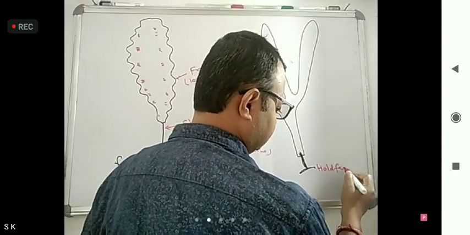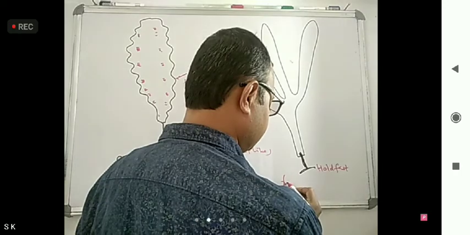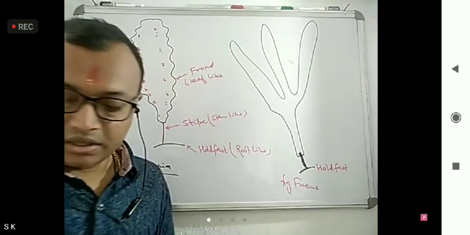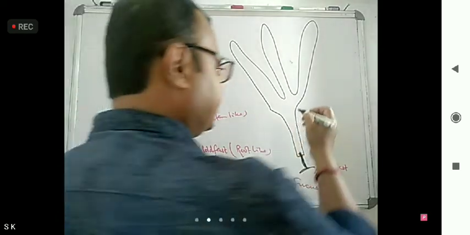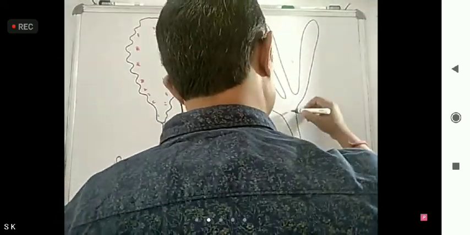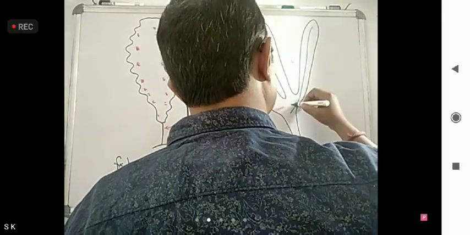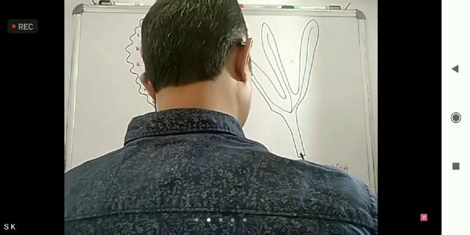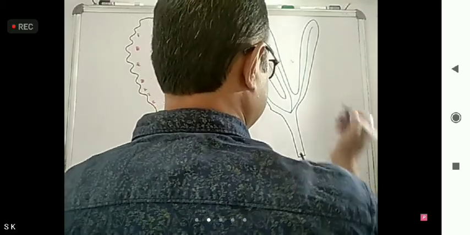Hold fast. Figure is Fucus. Okay. Above forms are there. These are midrib.